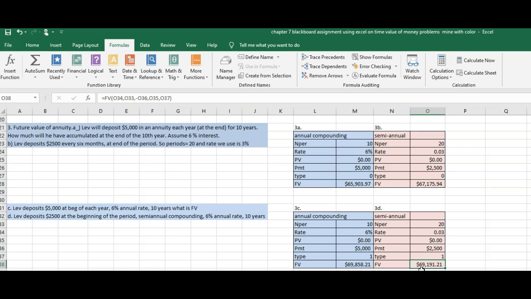And so at the end of the first year, he's still got $5,000 in, but he's earned far more interest when he deposited at the very beginning of the year instead of splitting it up into 2 periods. And so as you continue that pattern, the overall future value is slightly lower.